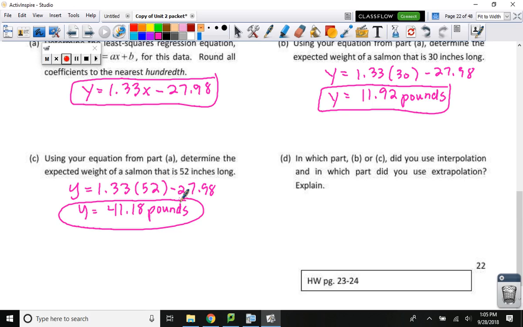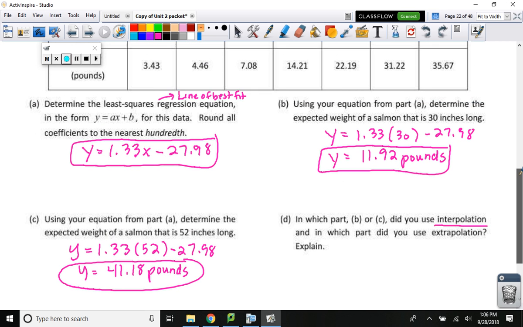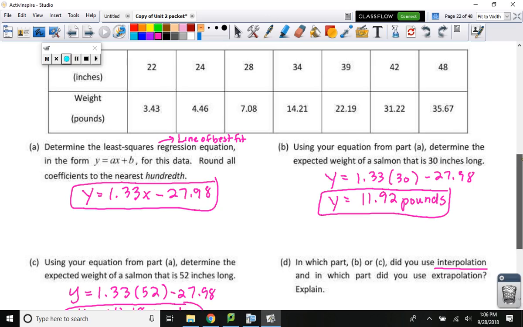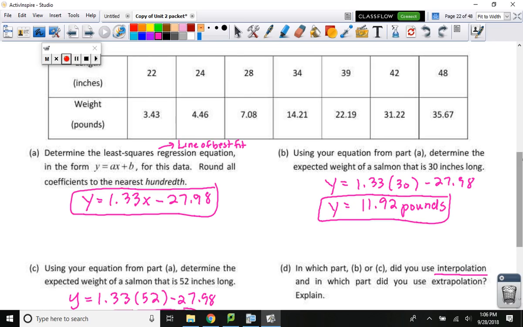All right, what's this one say? In which part, B or C, did you use interpolation, and in which part did you use extrapolation? So interpolation, again, is you inputting a number that's within your data range. So 30 inches is within the range, so it's probably going to be pretty accurate. That would be interpolation. Whereas the 52 is out here, and things could change after they get out here. This data seems like it makes a very linear pattern.